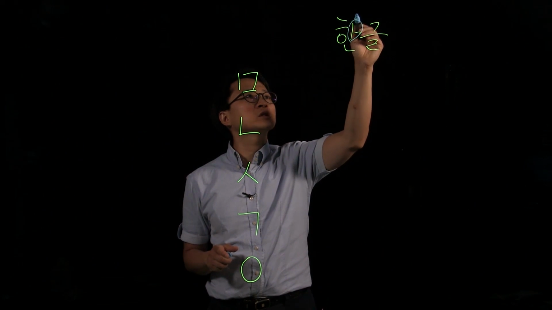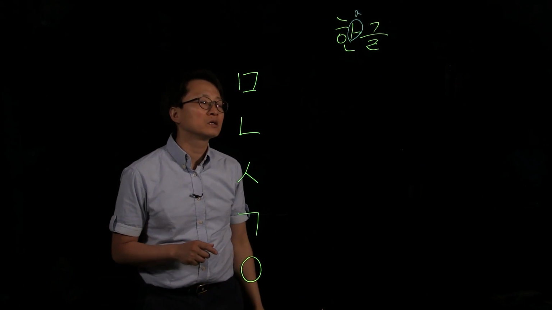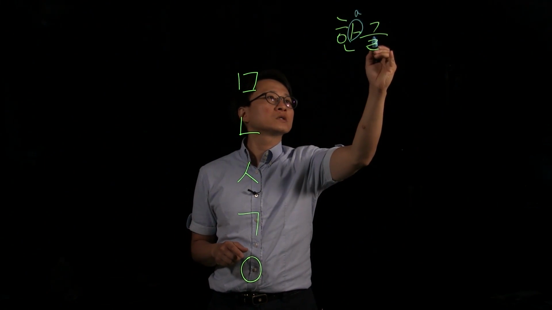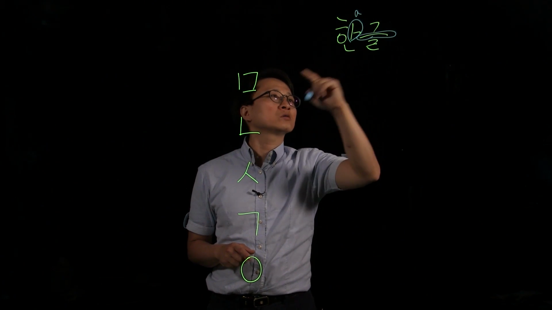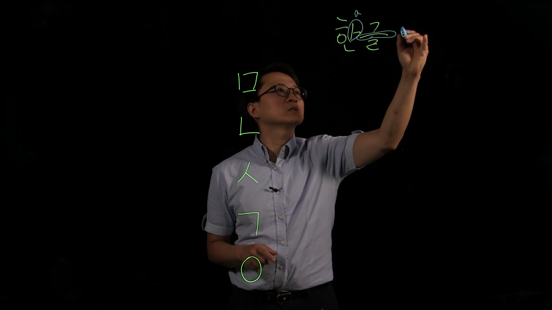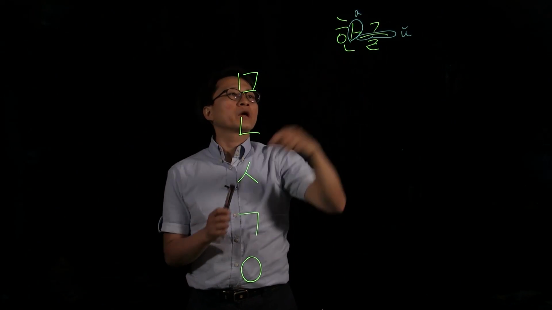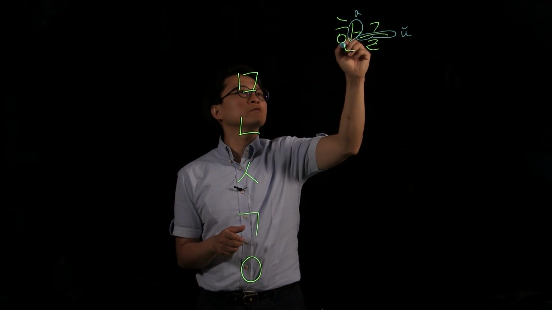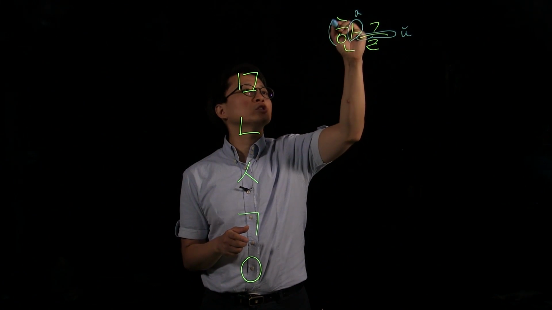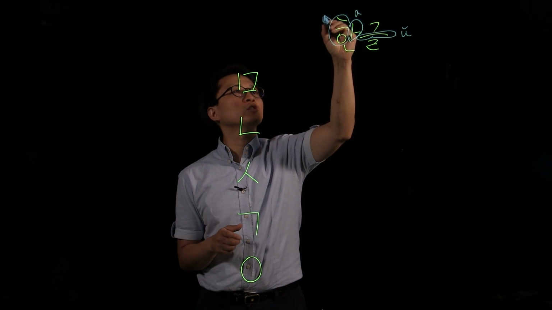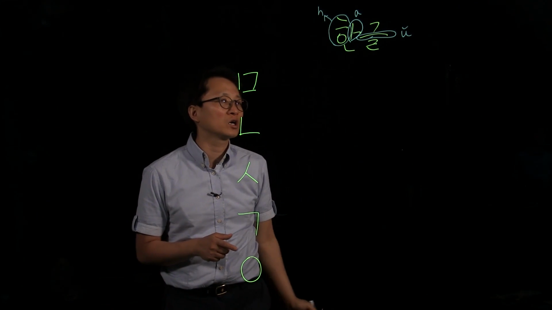Do you remember? This is the ah sound, right? And do you recognize this long horizontal line? And we'll learn them. And this one, the first one, this part represents the sound value of something like H sound.